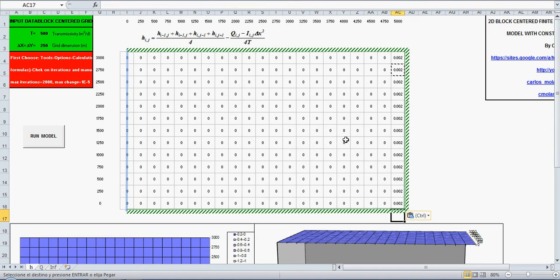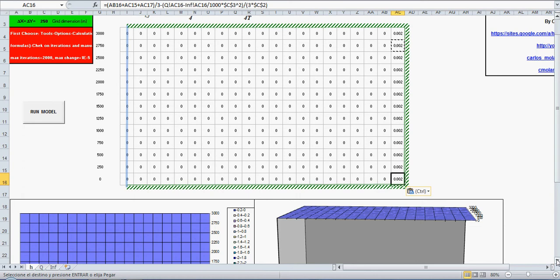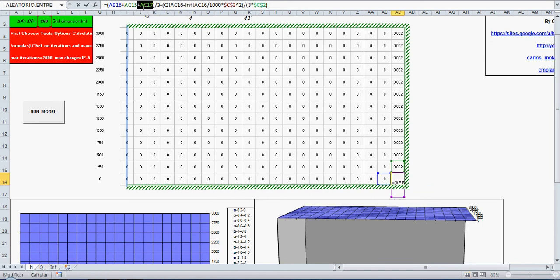Now this bottom right corner: here we don't have row 17, so let's delete it, divided by 2, and here divided by 2.